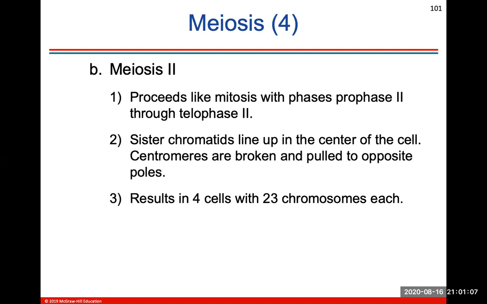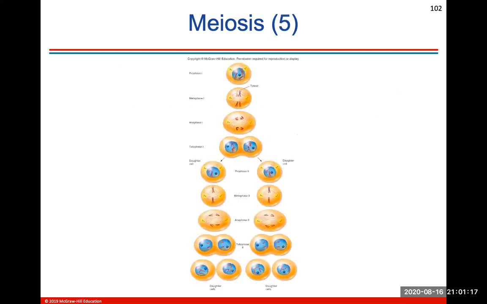Sister chromatids will be lined up. And eventually, because we're going through two cycles in meiosis, we get 4 cells at the end with 23 chromosomes each because they've been separated out. So in meiosis, we start with a cell going through meiosis 1 into 2 daughter cells, and then the 2 daughter cells will separate out during meiosis 2 to get 4 daughter cells.